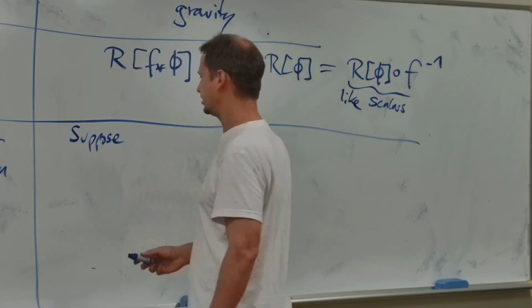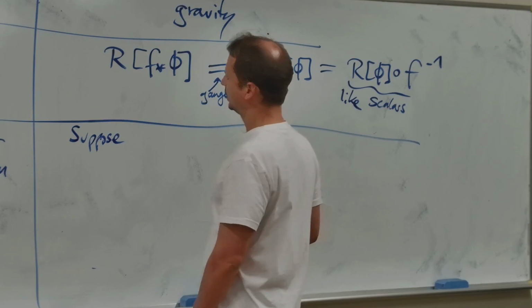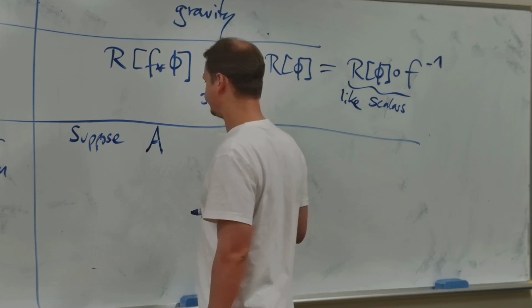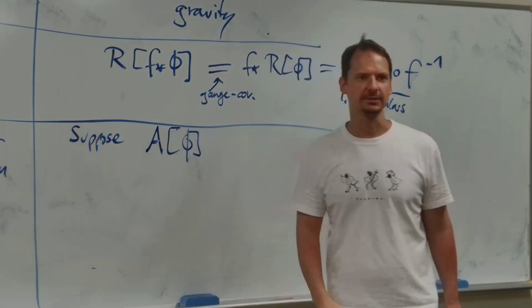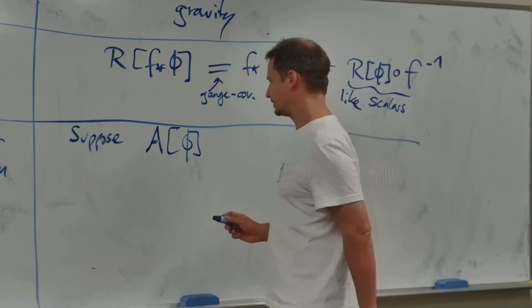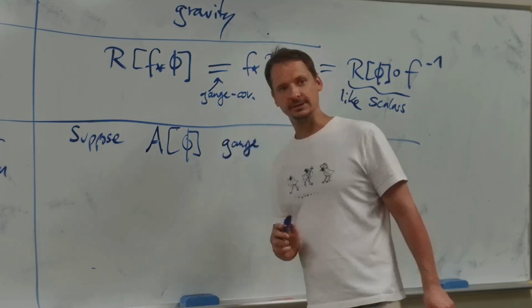For simplicity, I'm already using F. Suppose I have some space-time quantity A, a functional of your fields, and suppose this is gauge covariant, so it could be a tensor field.